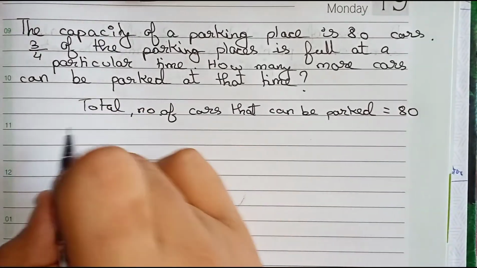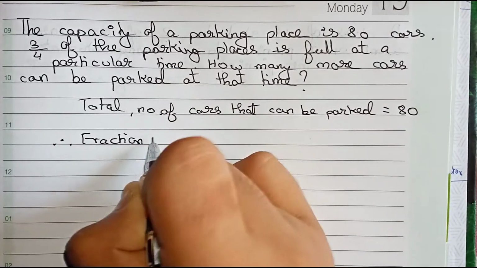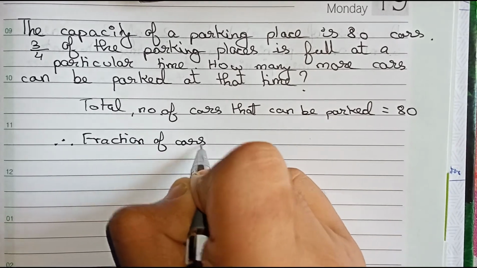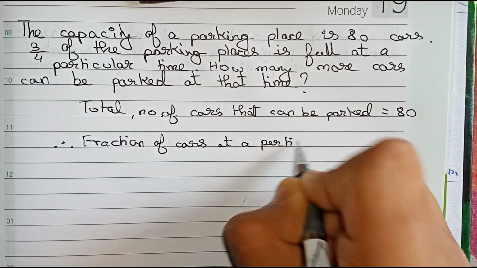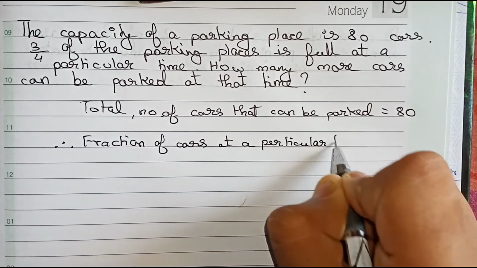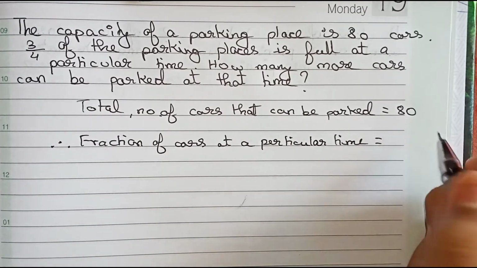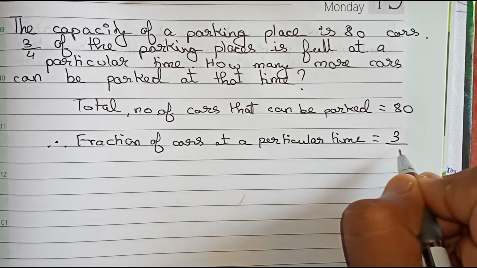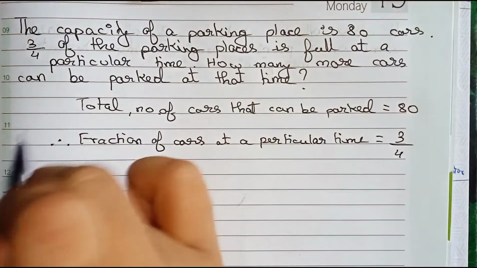So now write the fraction of cars at a particular time. So at a particular time the fraction of cars is given 3 by 4.